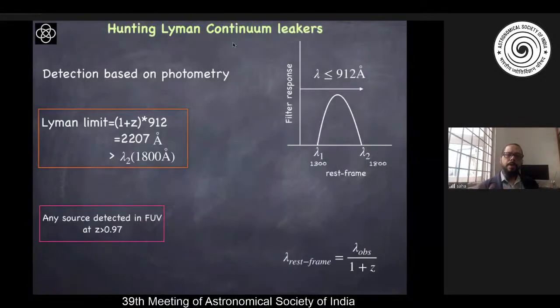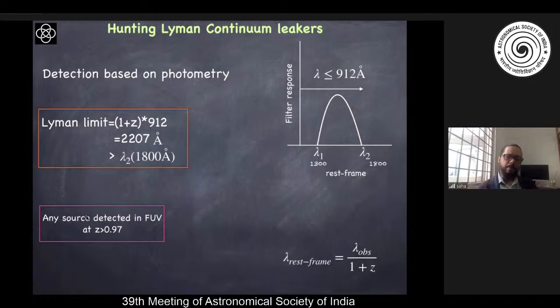We hunt for these Lyman continuum leakers using photometric detection. Imagine the bandpass of an AstroSat filter, the far ultraviolet, which is 1300 to 1800 angstrom. If the light here has a wavelength less than 912 angstrom, then it will be considered a credible Lyman continuum leaker.